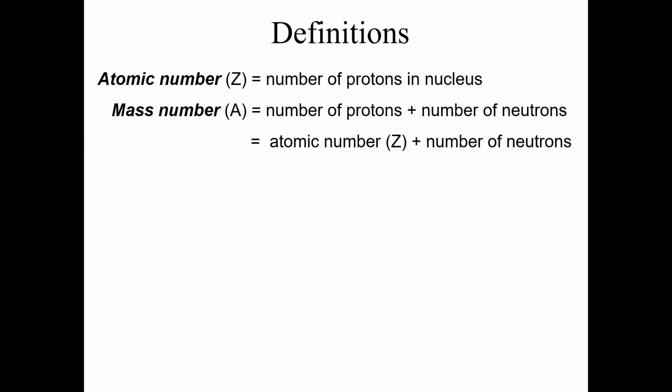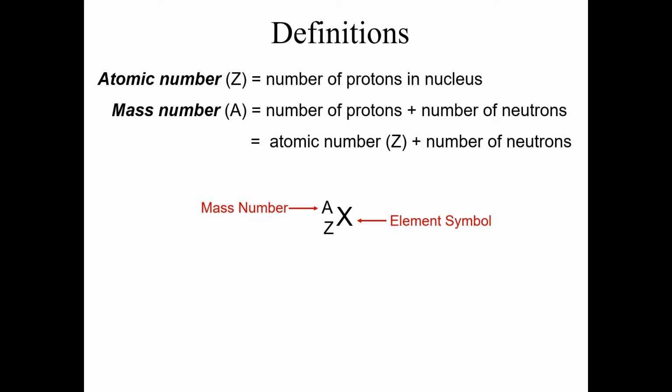So if we have a particular atom and we know the atomic number, which is essentially the identity of the element, and we know the mass number, we can subtract A minus Z to give us the number of neutrons in that particular atom. We use this format to represent these atoms, where X stands for the element symbol, which we find in the periodic table.